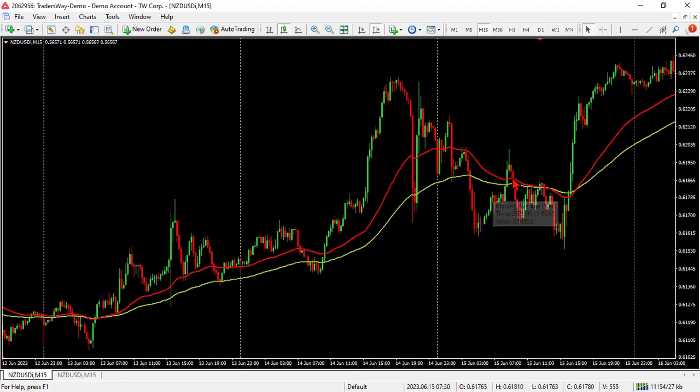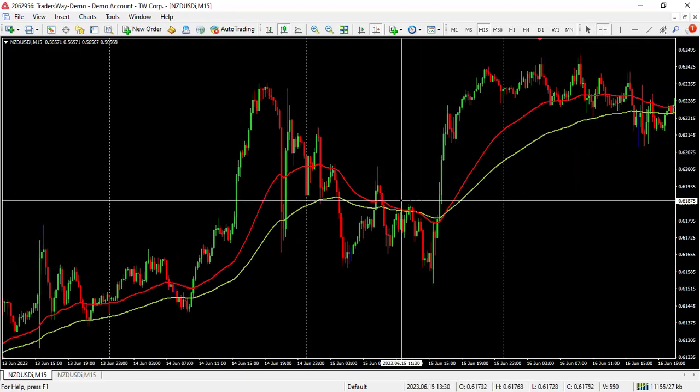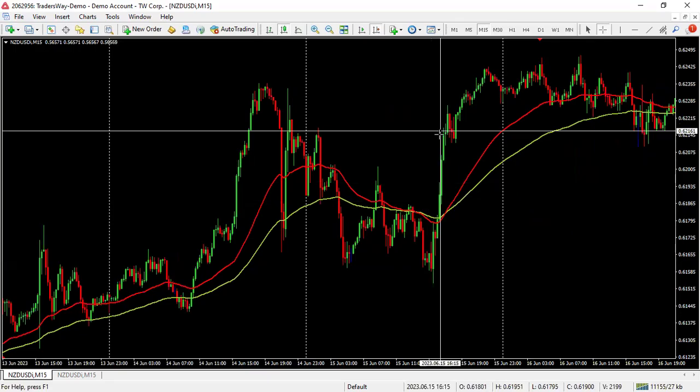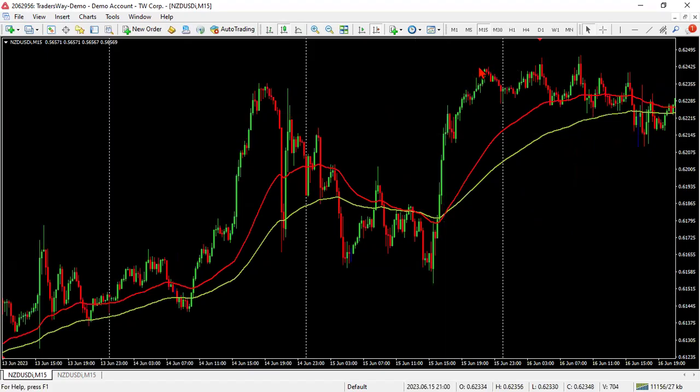All right, day 12, we got a break, retest, 20. At the high, after the move has been made, break and retest, and you got the 20.